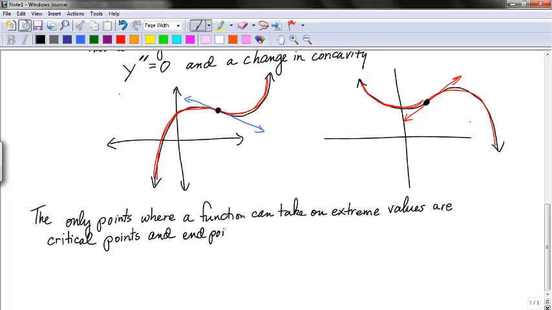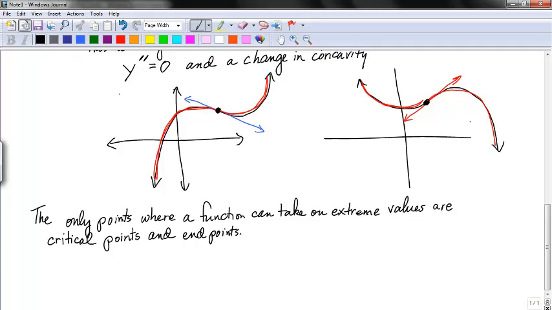Remember, the critical points were where f prime equals 0 and where f prime does not exist. If you include the endpoints, then those are extreme values. So extreme values occur at both critical points and endpoints.